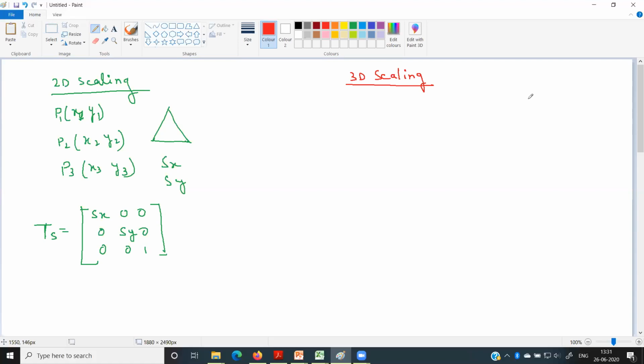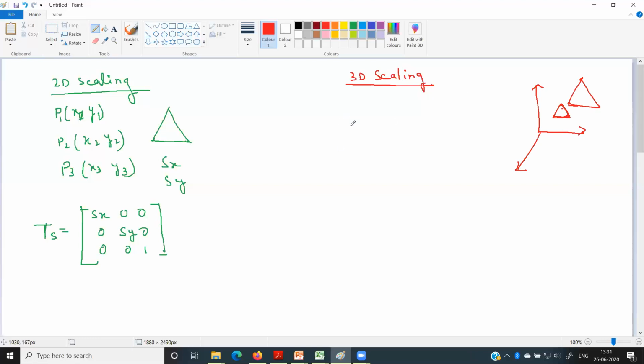Similarly, I am discussing the 3D scaling. So in case of 3D scaling, again, this is the object in 3 dimensions, a 3D triangle. Now, if you want to scale it, maybe it will be shifted somewhere here and it will be scaled like that. So after scaling, you get the object in this position in the 3D space.